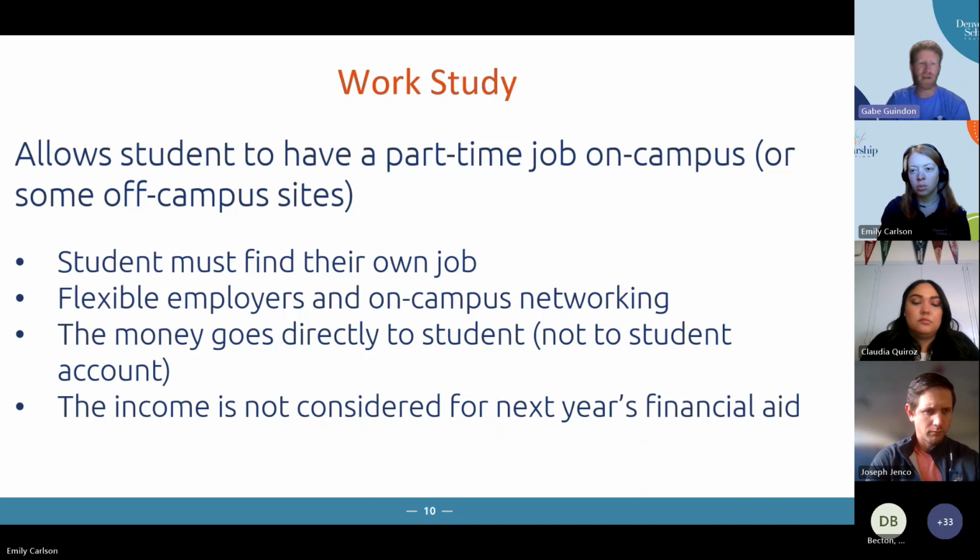The money will go directly to a student, and then the student determines if they're going to use that money for indirect costs or direct costs. And that income's not included in students' financial aid offer for the following year as well, which is another benefit of work study.